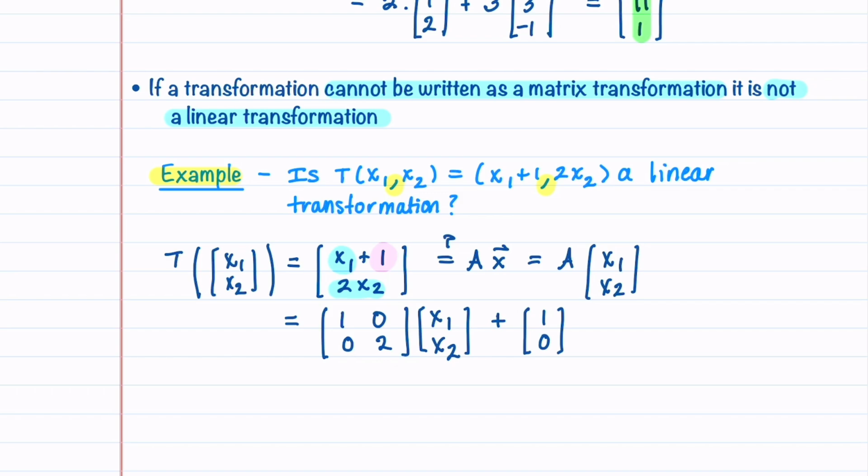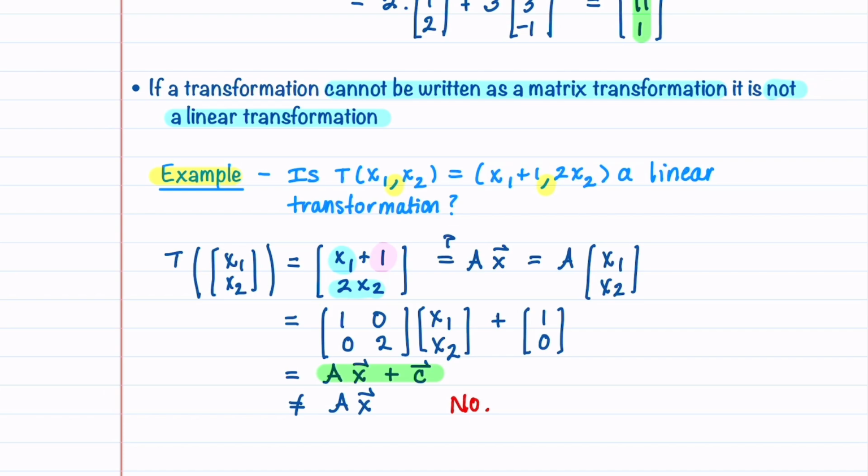We can think of this as a matrix A times a vector x plus a constant vector c. And this is not equal to just A times x. This tells us that our transformation is not a linear transformation. Any matrix transformation that involves a translation is not a linear transformation.